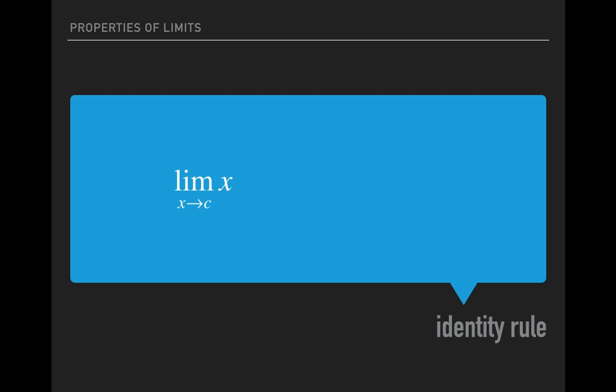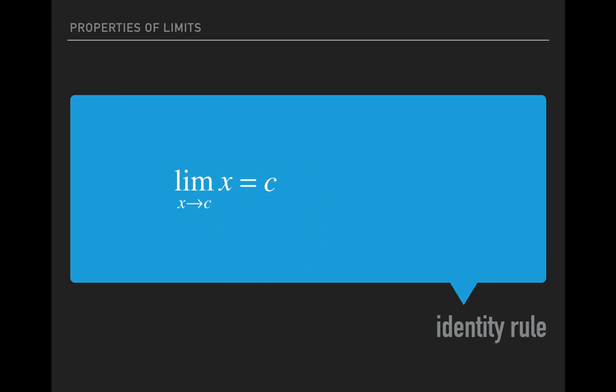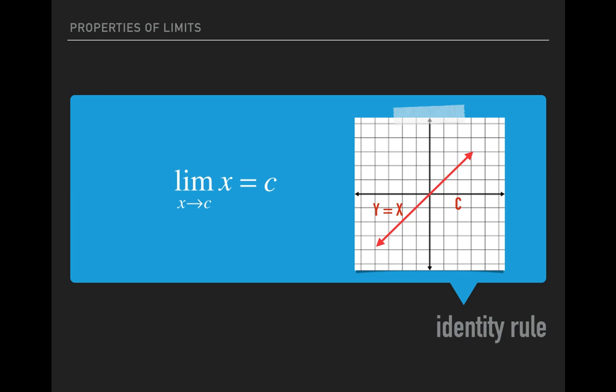Next, identity rule. If you're taking the limit of x as x approaches c, it's going to be c. The reason being can also be seen graphically. X is going to be just that very basic linear equation that's just constantly increasing there.